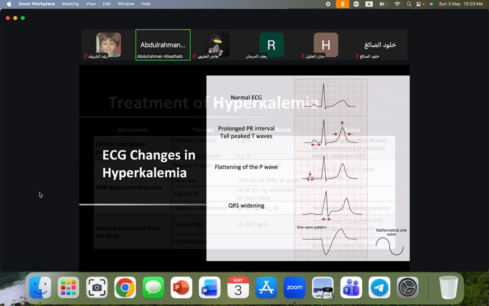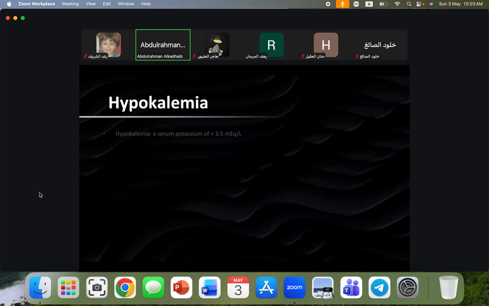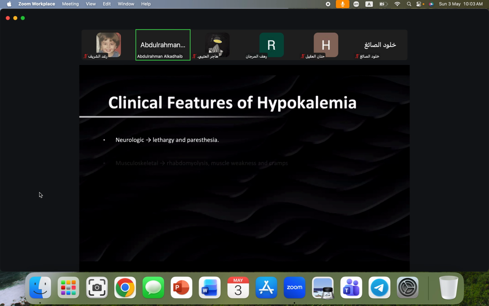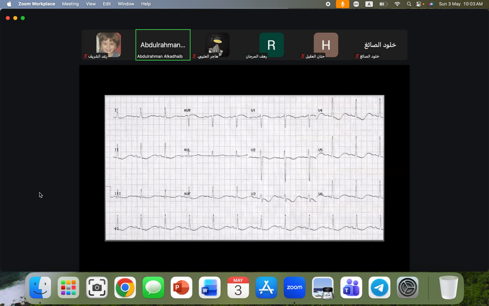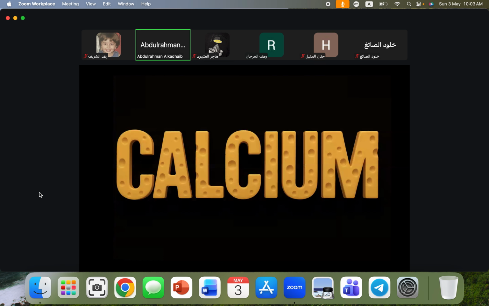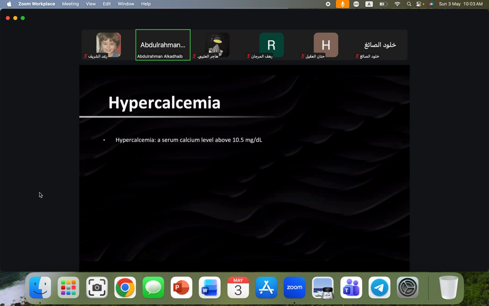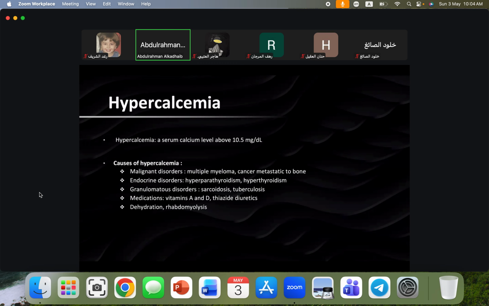The next and last electrolyte disorders that we'll talk about is related to the calcium electrolyte. First one is hypercalcemia, which is basically defined as a calcium level above 10.5. It may be caused by so many causes, but mainly we see it in patients with some malignancies such as multiple myeloma or metastatic cancer to the bone.